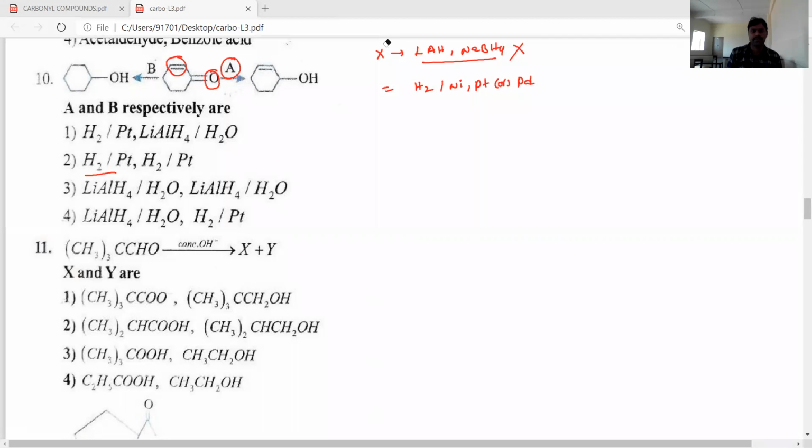Again, let's listen carefully. Here the double bond is kept as it is. The double bond is not reduced. So A must be either lithium aluminum hydride or sodium borohydride.